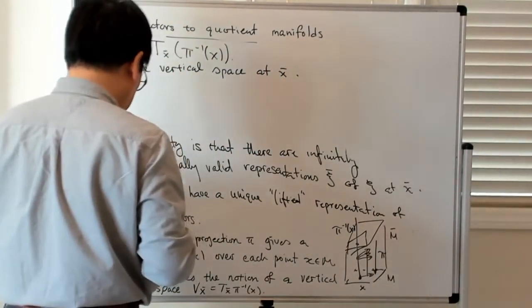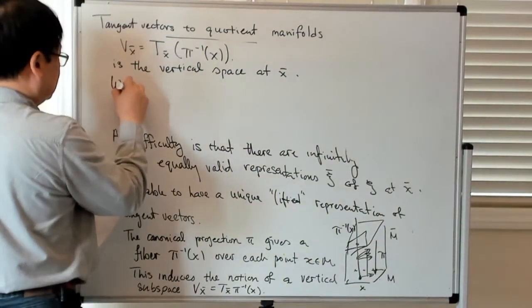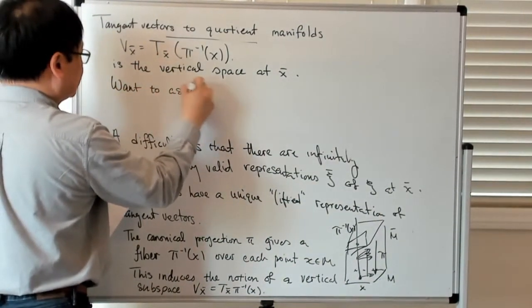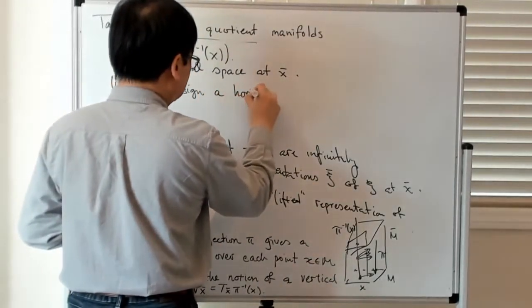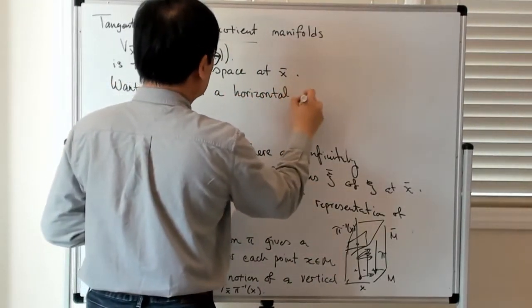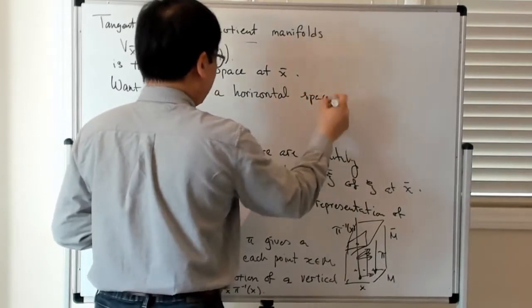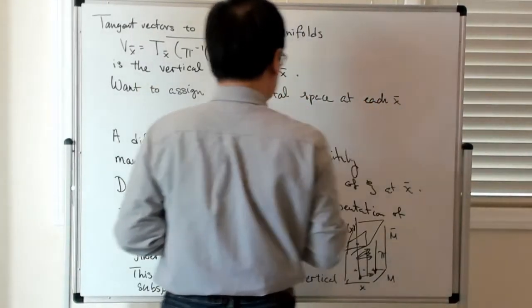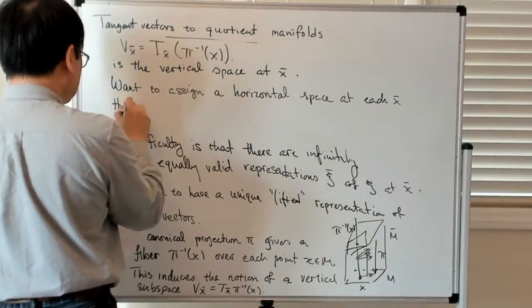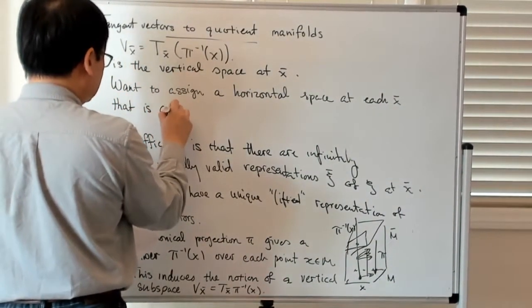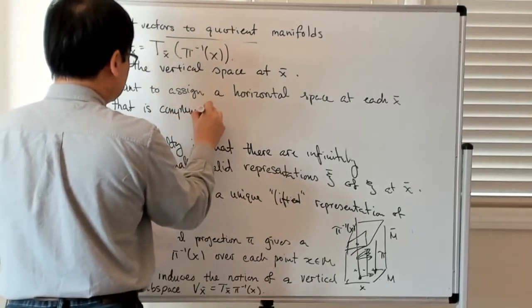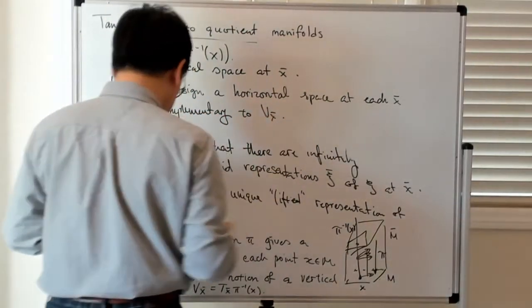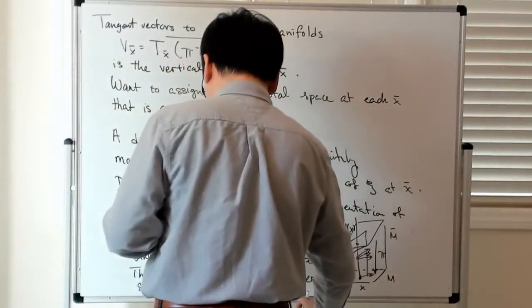I want to assign a horizontal space at each x bar that is complementary to this Vx bar. So what do I do here?